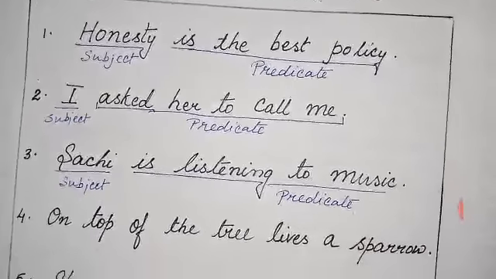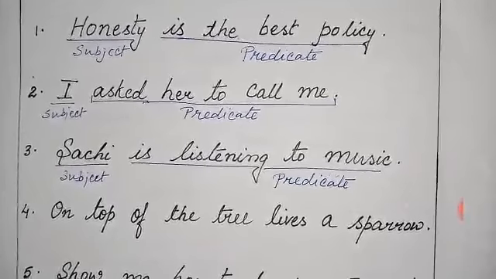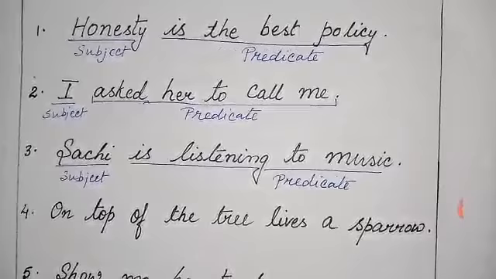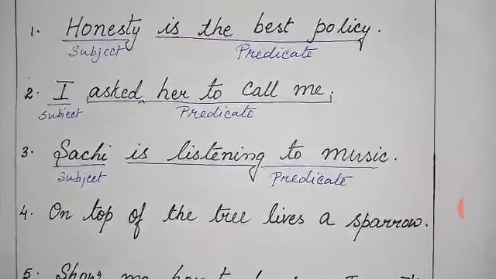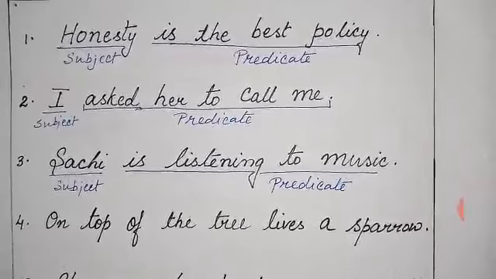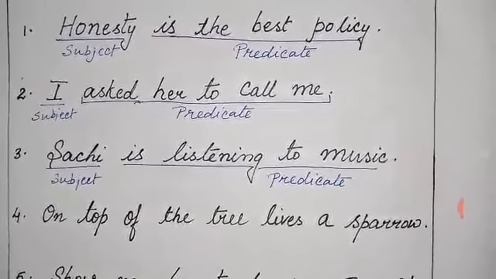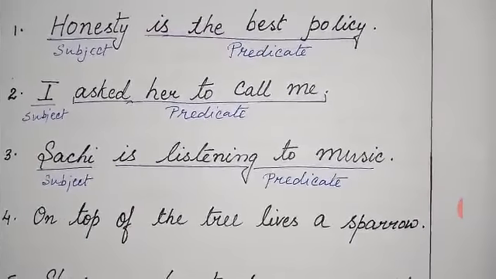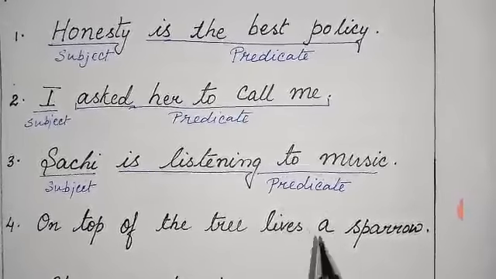Now, it is not always essential that the subject will always come at the front. It may come at the last. It may remain in the middle of the sentence. Look at the 4th sentence. On top of the tree lives a sparrow. Don't just jump to a decision that whatever comes at the beginning is the subject. It's a wrong theory. See, in this sentence, what is the verb?